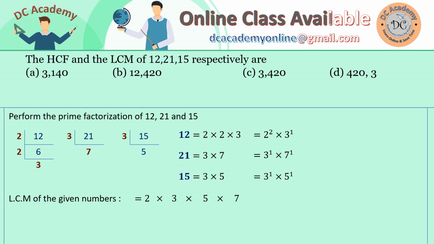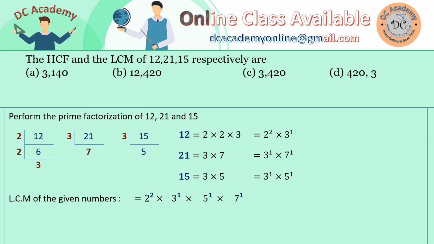The maximum power of 2 in 12 is 2. In 21 the power of 2 is 0 because that term is not there, and for 15 that term is not there either. So the maximum power of 2 is 2. For 3 the maximum power is 1. For 5 it's 1, and for 7 again it's 1.